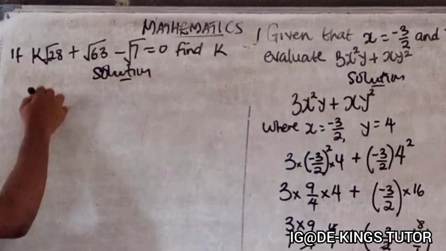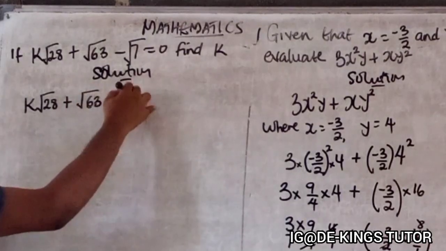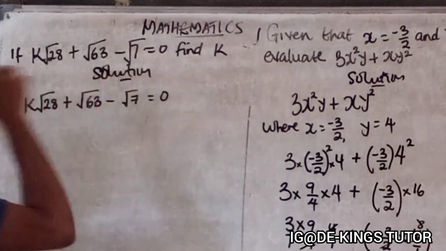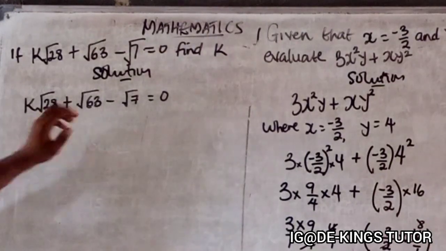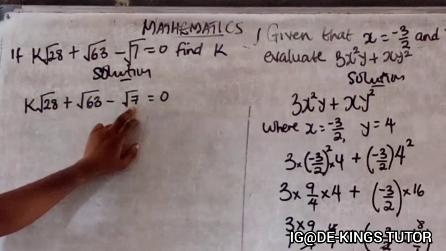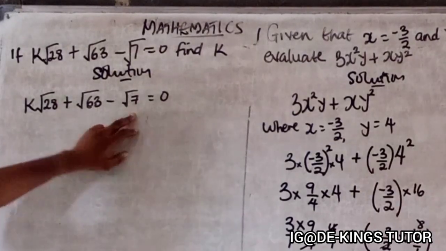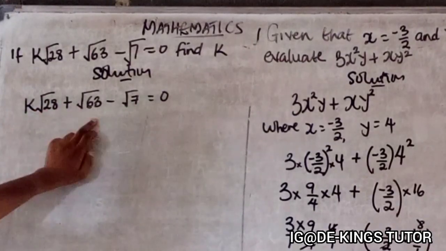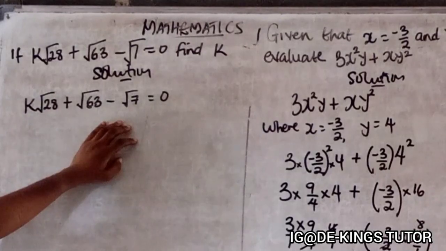We have k root 28 plus root 63 minus root 7 equals 0. This is not yet in its simplest form, so we have to express this in terms of root 7 by finding perfect squares.